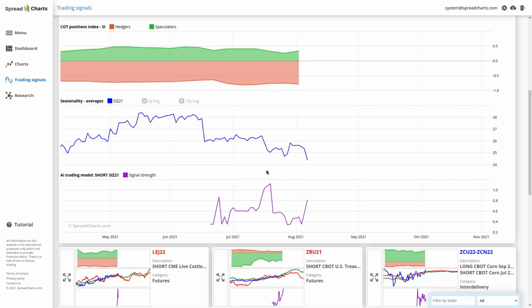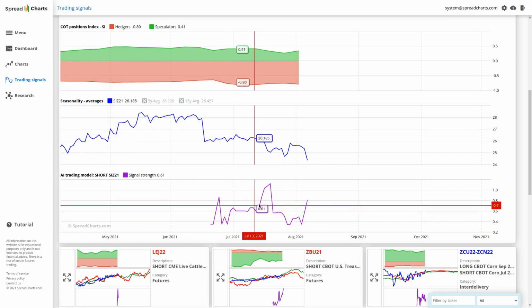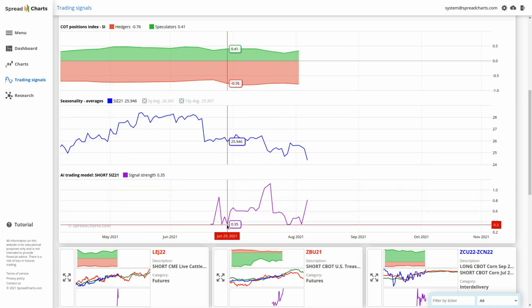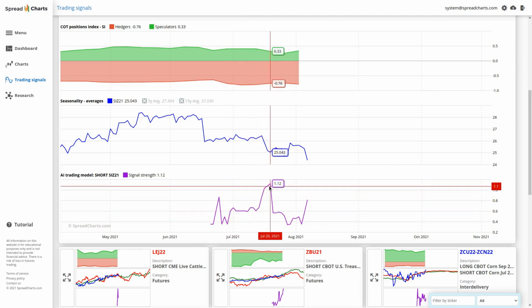Just keep in mind, this is always related to the signal itself. In other words, we have a short signal on silver. In this case, it's also visible from the description in the legend of this chart. So when the purple curve goes up, that means that the likelihood of a correction on silver is increasing. The model thinks that there is a higher chance the price of silver will go down.